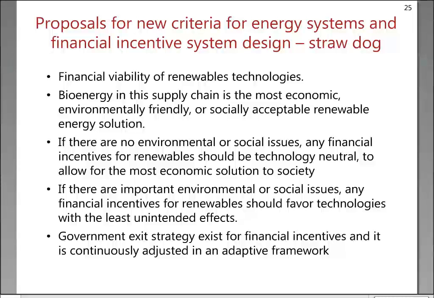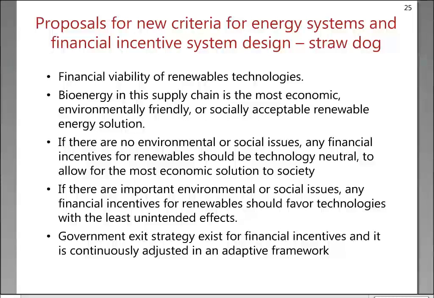And also, if there are no environmental and social issues, then financial incentives should perhaps be technology neutral to allow for the most economic solution for society. On the other hand, if there are environmental and social issues, then it might be a better idea that the financial incentives favor those technologies that have the least unintended effect.